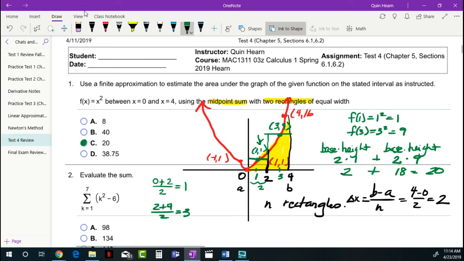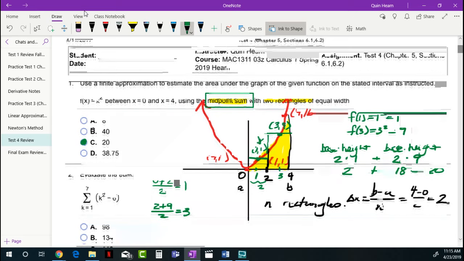Times the first rectangle, the y-coordinate is the height of the rectangle, so 1. Plus base times height again. The base has a size of 2 times the height turned out to be 9 for the second rectangle. So we have 2 plus 18 equals 20. So the answer to number 1 is C, or 20.